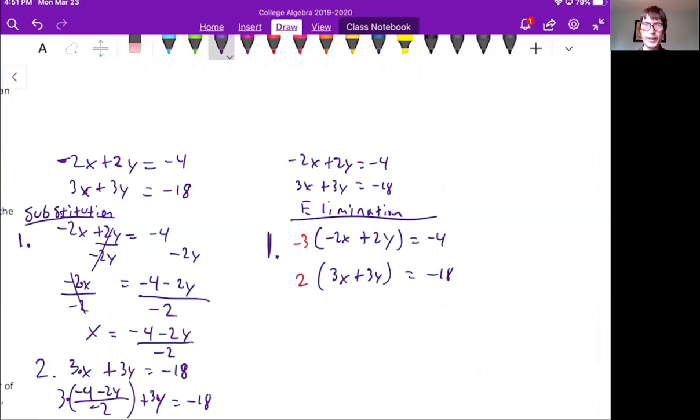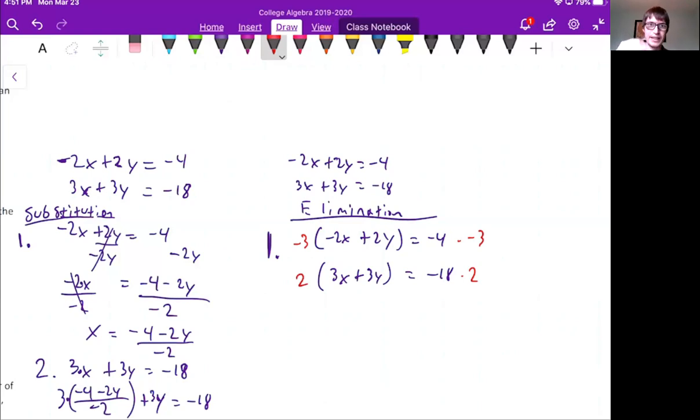I multiply each equation on both sides, negative 3 and 2, then I'll get 6x in both equations, and that's the goal.